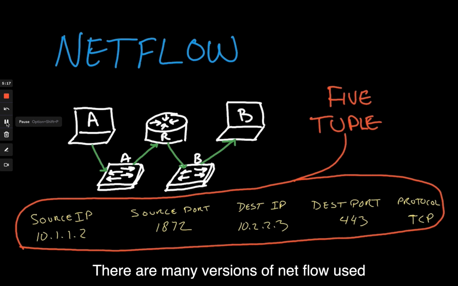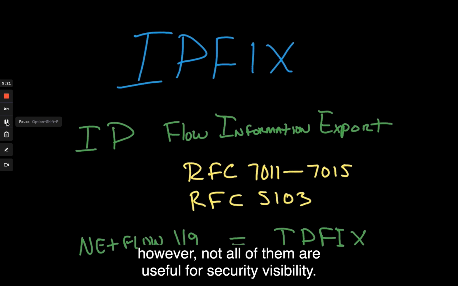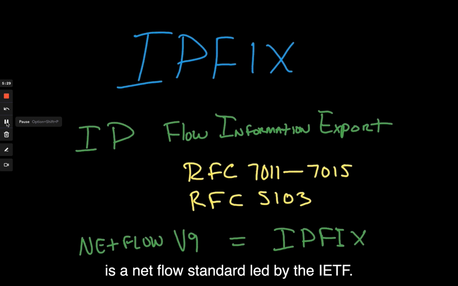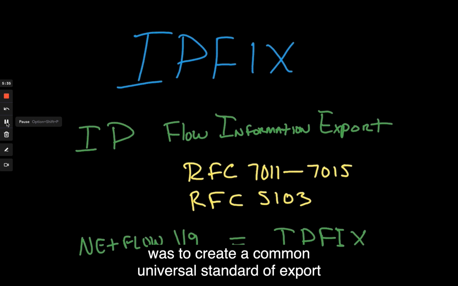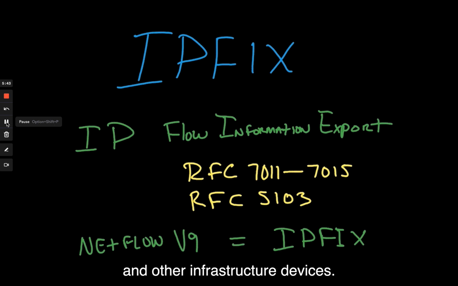There are many versions of Netflow used in the industry today. However, not all of them are useful for security visibility. The Internet Flow Information Export, or IPFIX, is a Netflow standard led by the IETF. The purpose of IPFIX was to create a common universal standard of export for flow information from routers, switches, and other infrastructure devices.